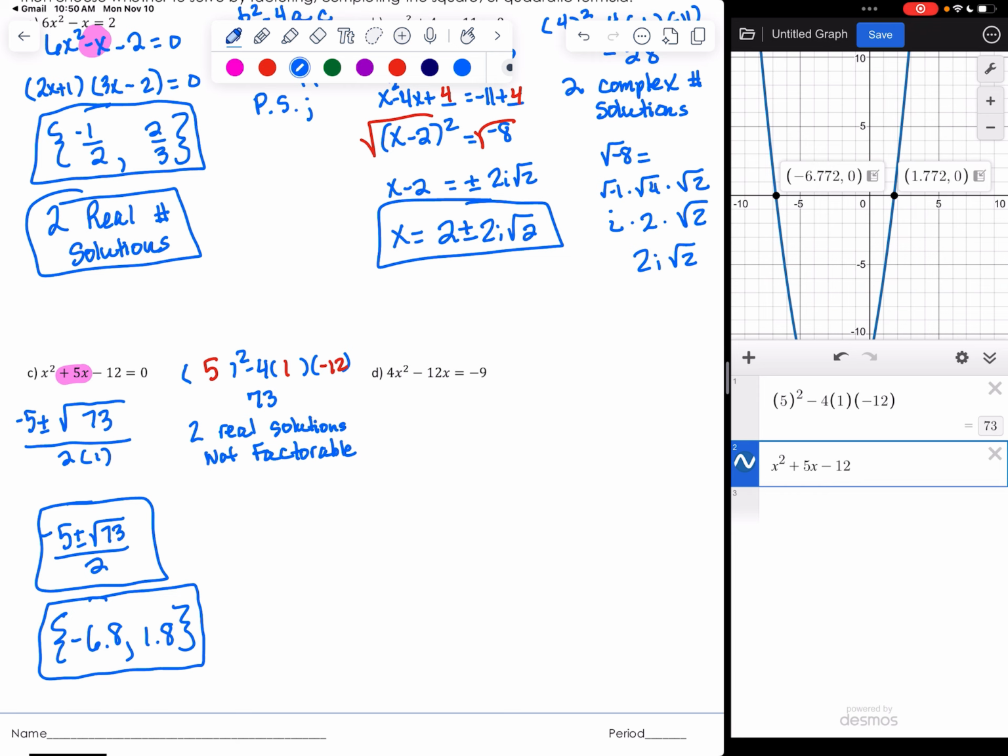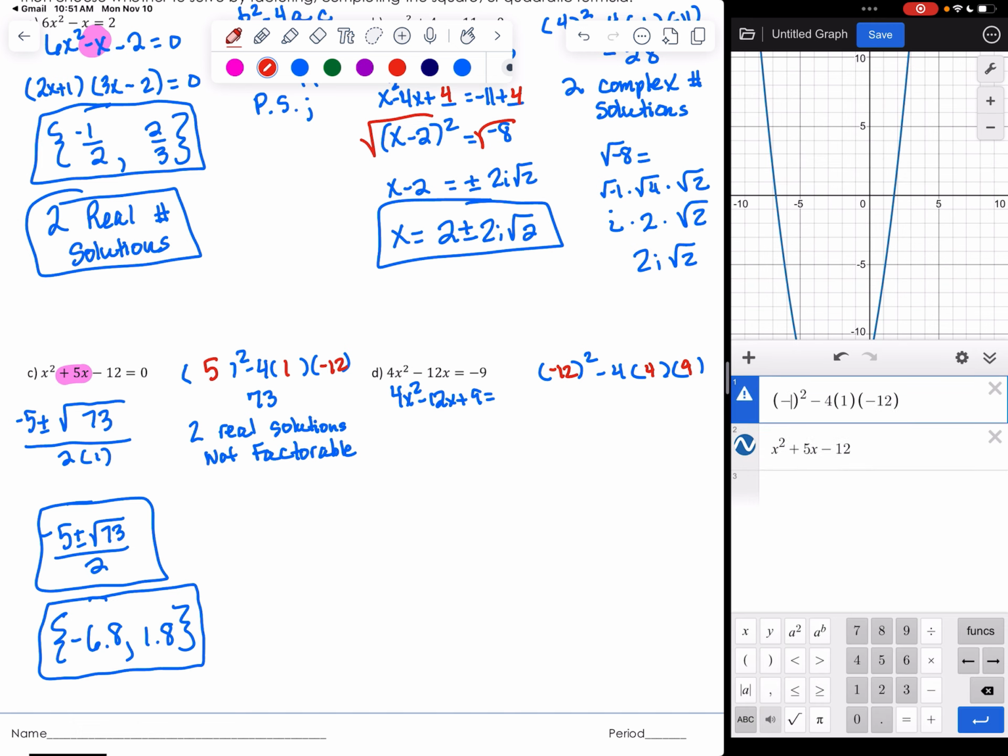All right. Problem D, 4x squared minus 12x equals negative 9. Now, to find the discriminant, I need to put this in standard form, so I'll need to add 9 to both sides. Now we can do our discriminant. I will plug in a negative 12 for the B, a 4 for the A, a 9 for the C. So let's see, negative 12 squared minus 4 times 4 times 9.